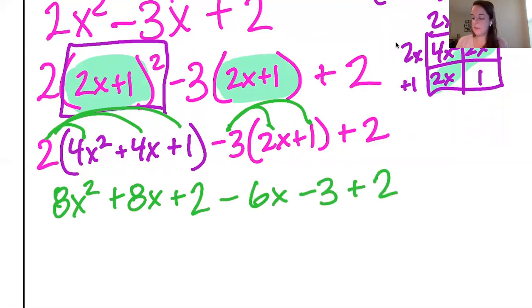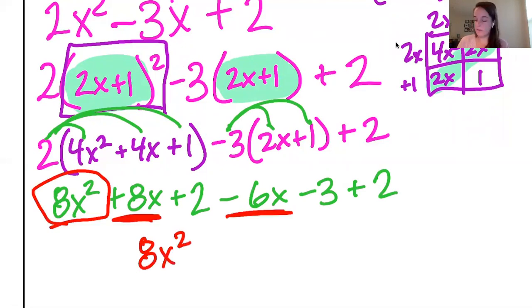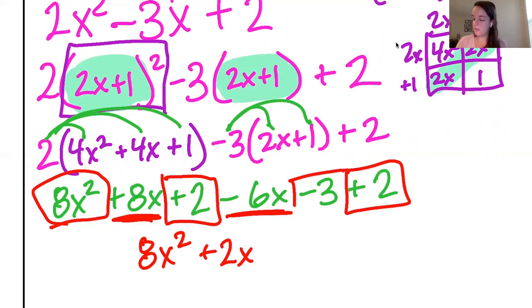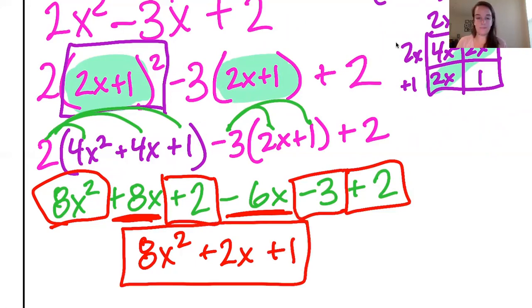So I'm going to have 8x squared by itself. I have positive 8x and negative 6x make positive 2x. And I have 2 plus 2 would be 4, minus 3 would be positive 1. That would be my final answer for this problem.